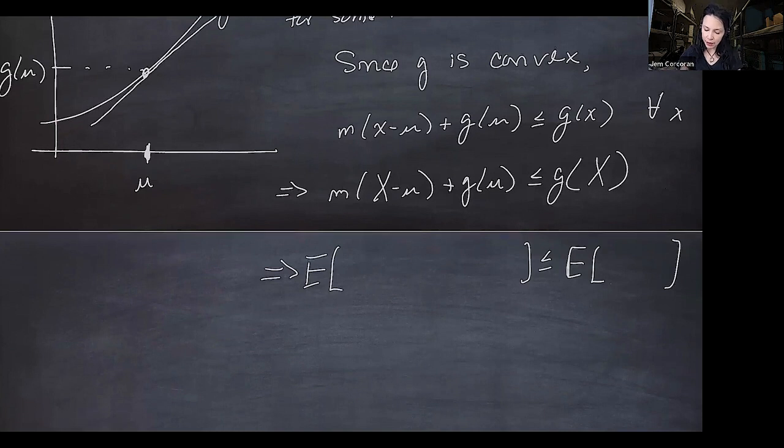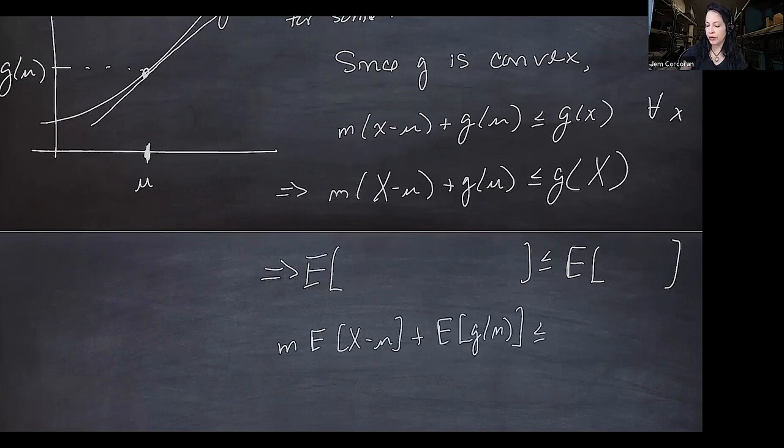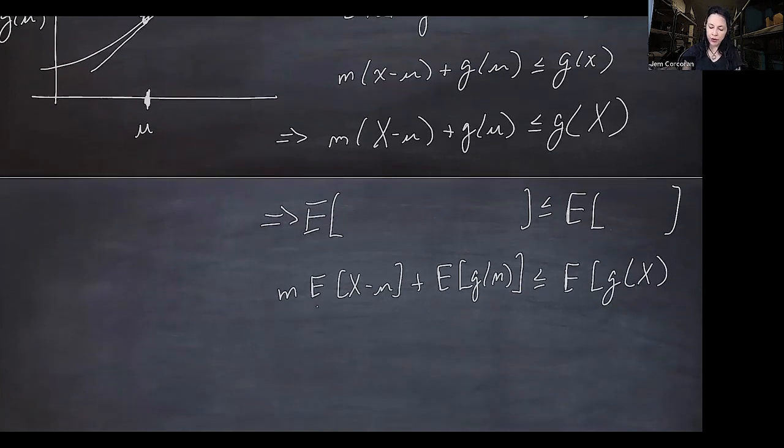Okay, so taking the expectation through on the left side, we get m, my slope, times the expected value of X minus mu, plus the expected value of g of mu, is less than or equal to the expected value of g of X. And when you run the expectation through on the first term, you get mu minus mu, so that first term is 0 and goes away.